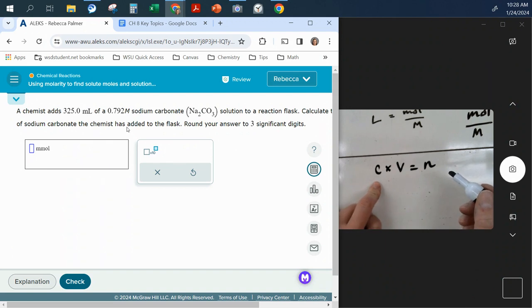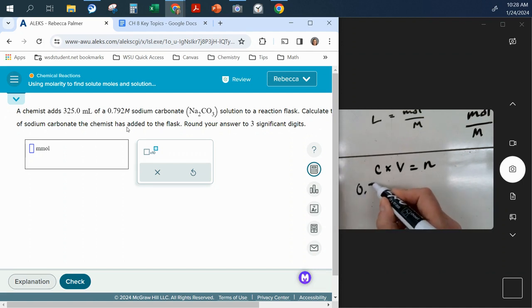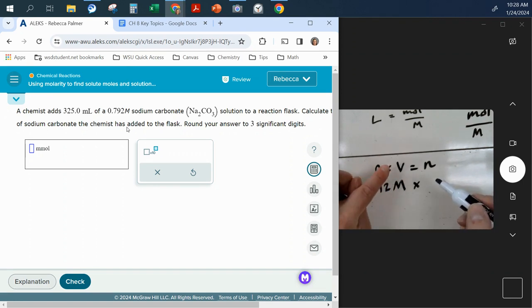Okay, so let's see. We have 0.792 molar, and we have our volume which is, let's write it like this for a minute. Let's think through. 325 milliliters.